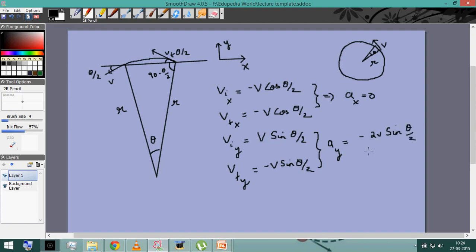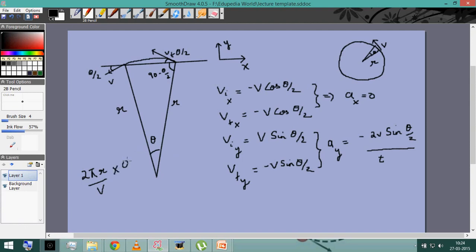So the change in velocity, we need to find out the acceleration in the y direction. That is change in velocity by time. Change in velocity is final minus initial. So minus v sine theta by 2 minus v sine theta by 2. So we get minus 2v sine theta by 2. This is the change in velocity divided by the time taken.